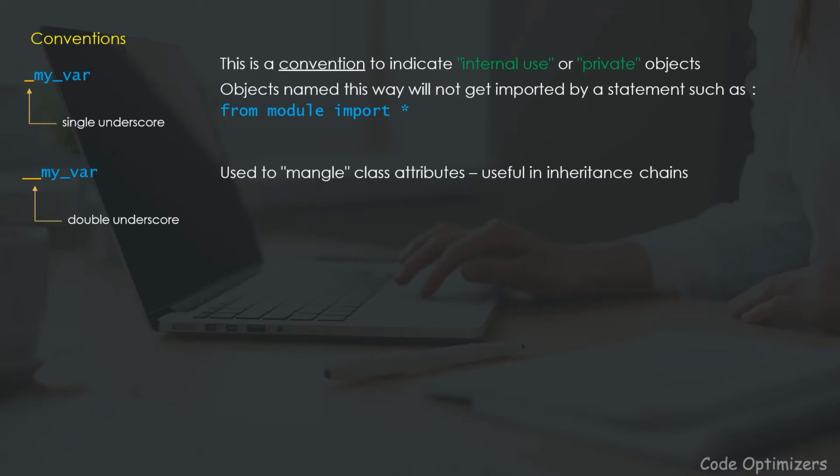If you have the same attribute name, let's say a property in a class, and you have the same attribute in a chain of classes, how do you differentiate which is which? This is when name mangling comes in.